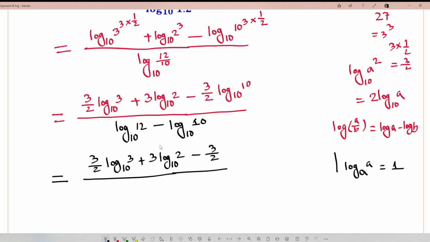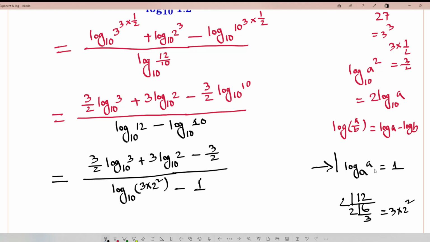Okay, and here is log base 10 of 12, these we can do something like what, if we divide 12 by 2, we will get 6, again divide by 2, we will get 3. So it means 3 times 2 square. So here is also 3 times 2 square, we can write against log base 10 12, minus here is log base 10 10, this is 1.